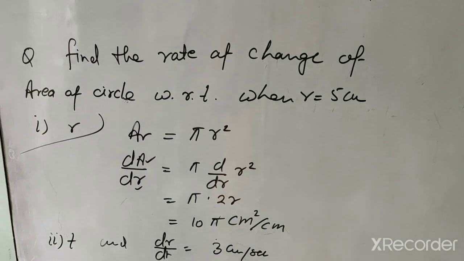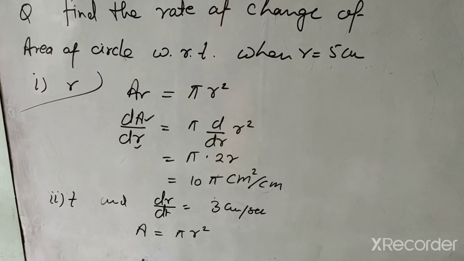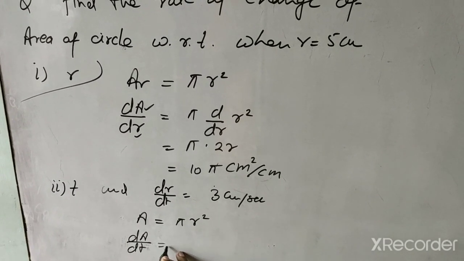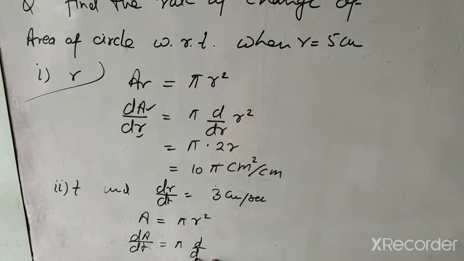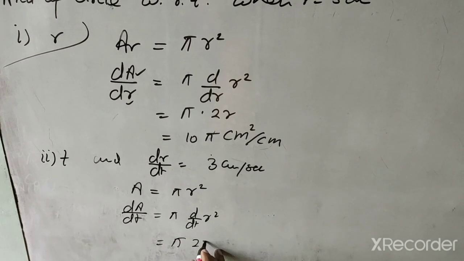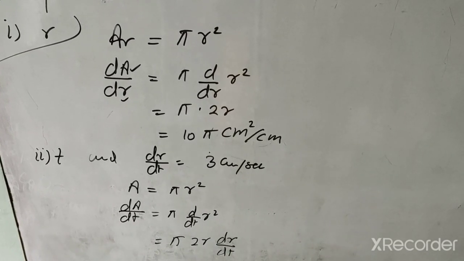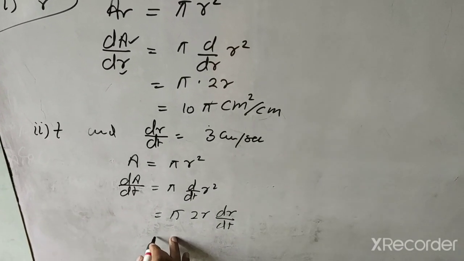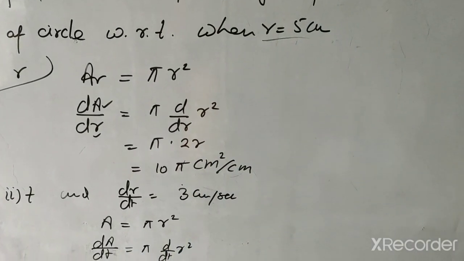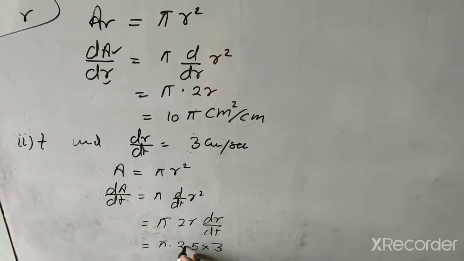Now we are going to calculate the rate of change of area with respect to time. Again, area is equals to pi r square. Now dA on dt will be equals to pi d dt of r square. So this becomes pi 2r times dr on dt. Now when we put the values, it will become pi into 2 into r, radius is given as 5, into dr on dt is given as 3, as in the question.